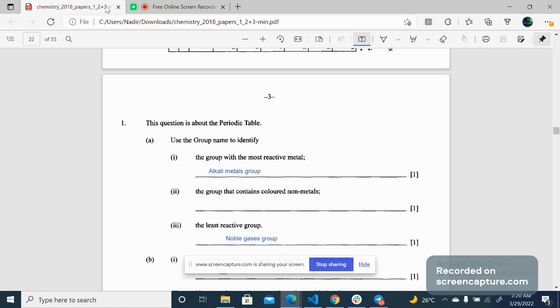So that's the answer for the second question, which is basically part A of the first question, and it is the second part of sub question A, which is in turn a part of the whole question number one, and which says the group that contains colored nonmetals.